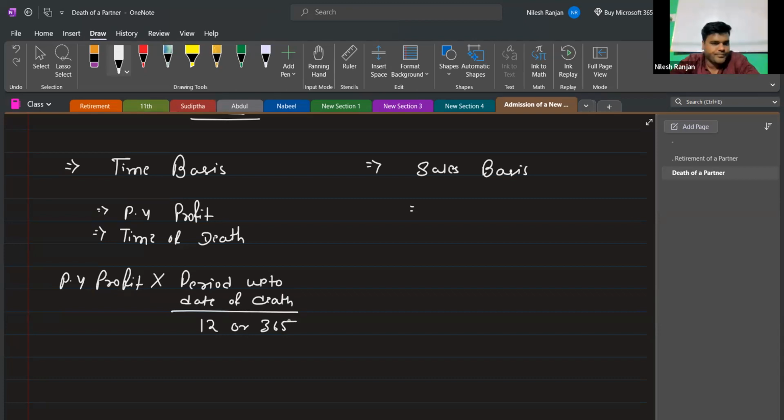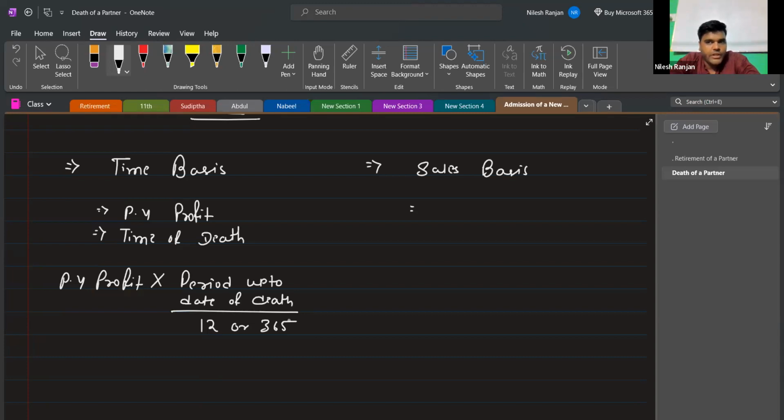Means if let's say the previous year profit was 3 lakh and date of death is 1st September. So time period is 5 months, from 1st April to 1st September.